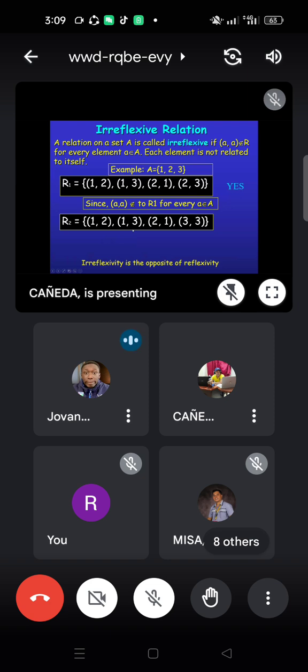But I think not reflexive is different from irreflexive, because irreflexive means none of the elements A, A are in the relation. So not reflexive is not the negation, not the opposite of irreflexive. Okay, continue.